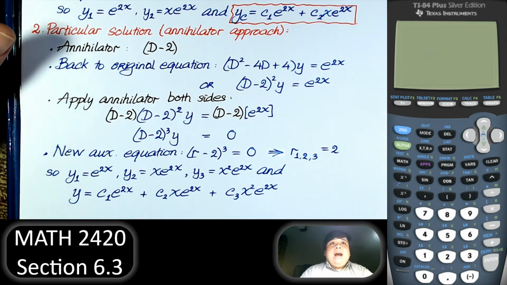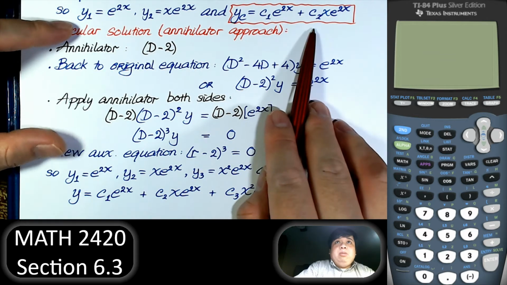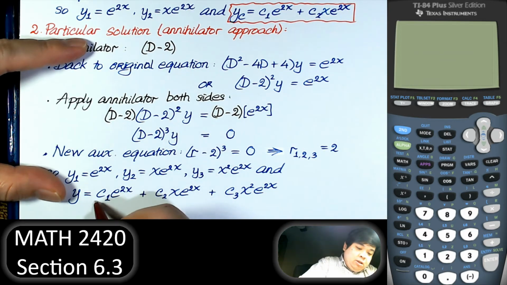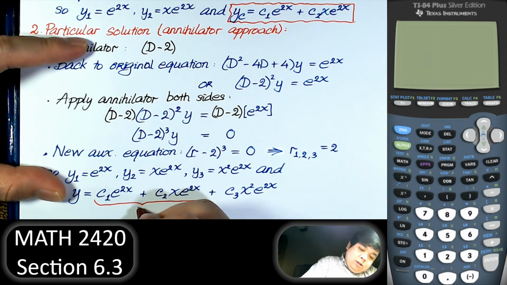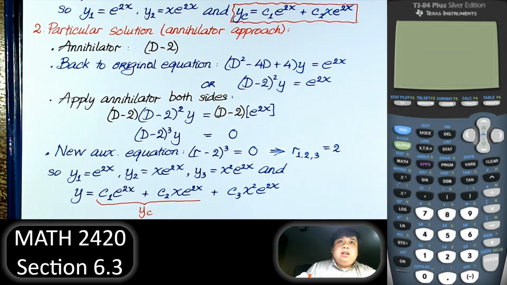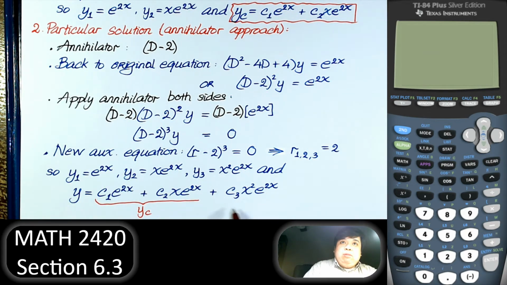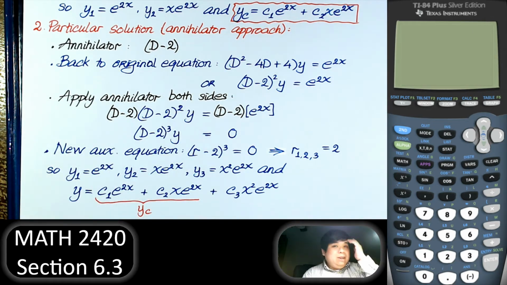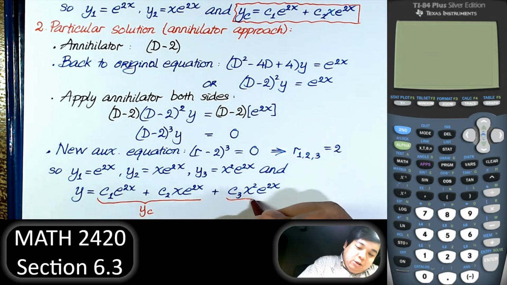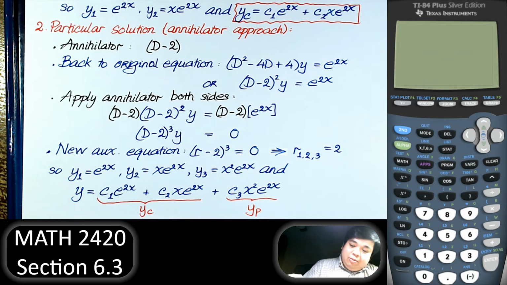Now, compared to what we have earlier, the complementary solution will be the first two terms. Because of that, the particular solution will have to be this form. Of course, if we guess, it should be the same form. So this will be y particular.